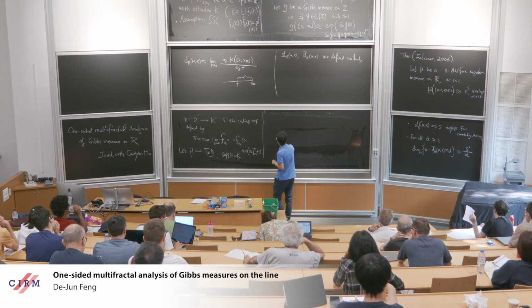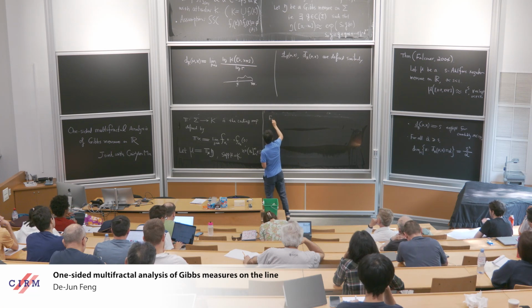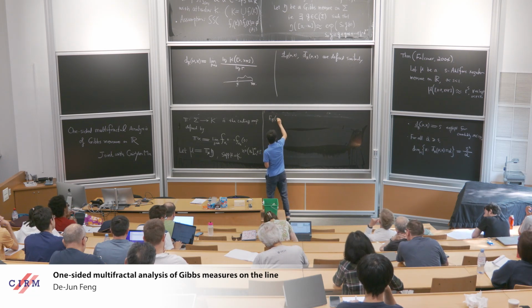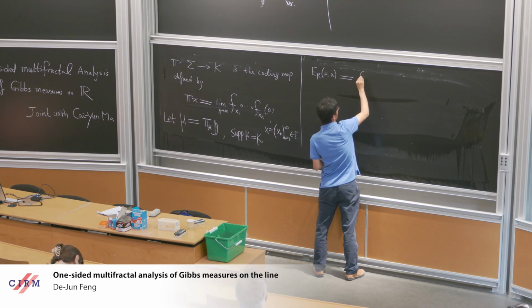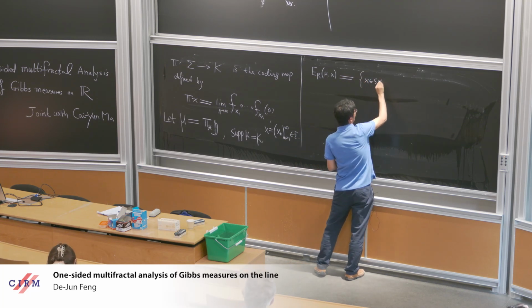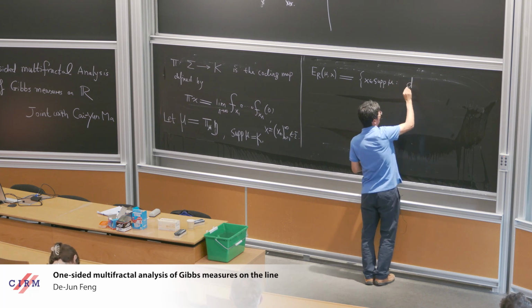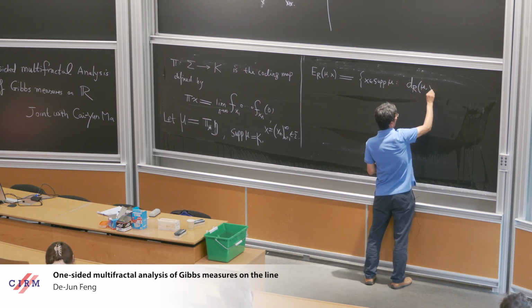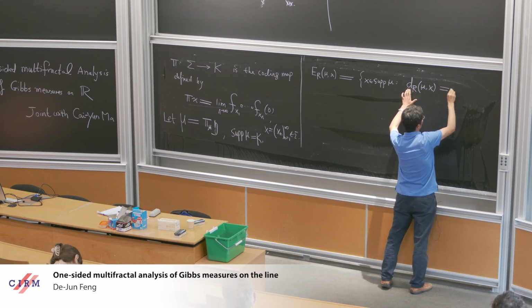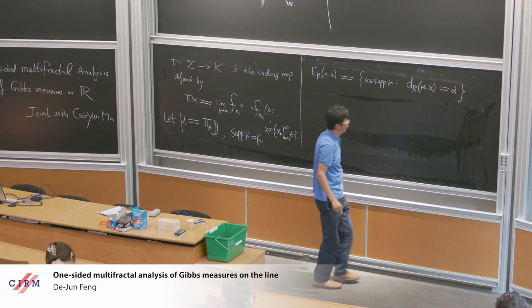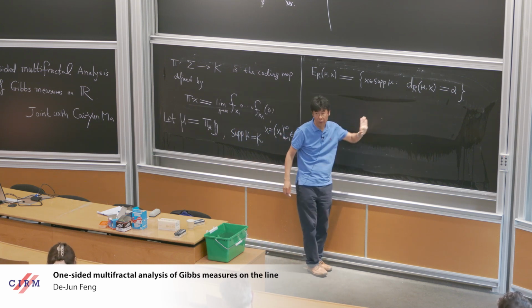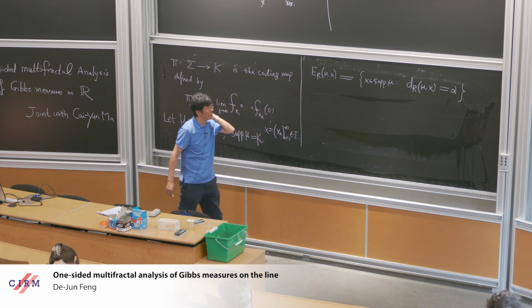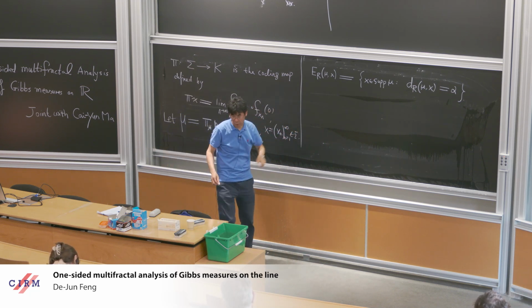So right now we can let E_R(alpha) be the level set such that the one-sided local dimension of mu equals alpha, for any alpha.